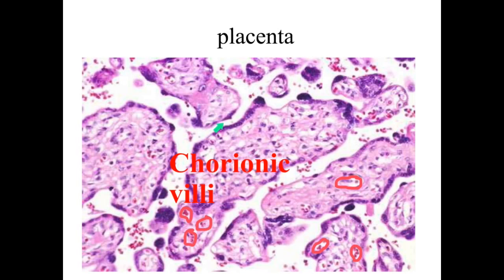In between these chorionic villi, we have the maternal blood coming out from the eroded blood vessels. I think in this picture I cannot see a cytotrophoblast. I can see only the syncytial, so if you are asked what half of pregnancy this placenta is from, you will say it is in the second half or the late 5 months, because I can see only the syncytial trophoblast and I cannot see the cyto.